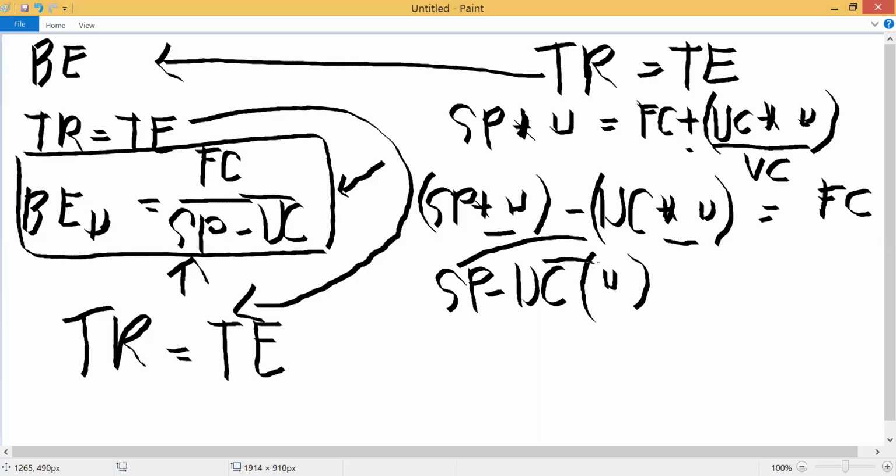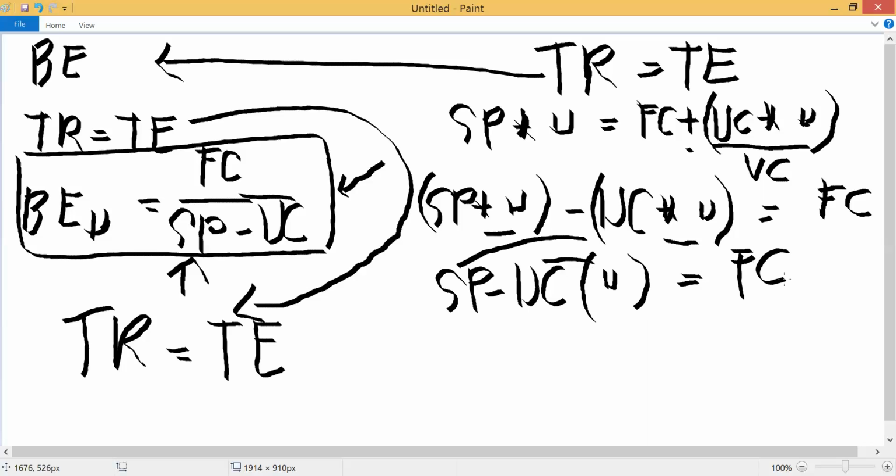So SP times U minus UC times U, that's the distributive property of multiplication over subtraction, equals FC.